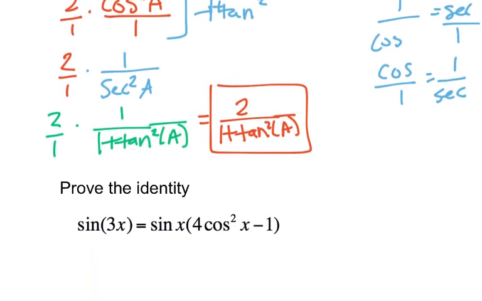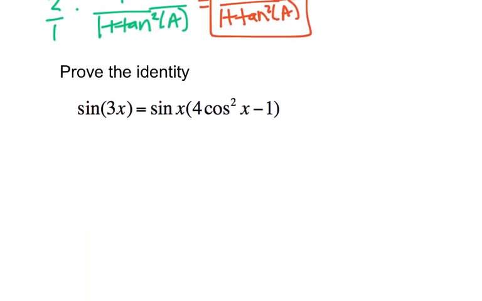Alright, so our next one here, we're going to prove this identity. Hopefully you can see that it's a triple identity instead of a double angle. So basically what we're going to do is use our previous idea of the fact that we can add angles together. In this case we're going to change this to sine of 2x plus 1x.